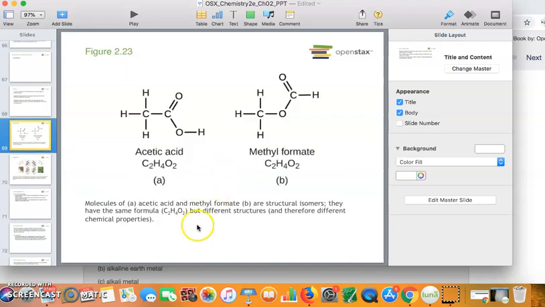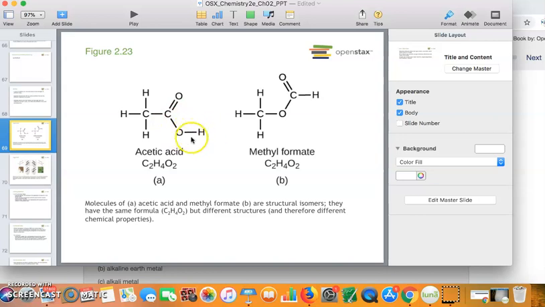If we look at the structural formula for acetic acid, we have more detail than just the molecular formula. We can see which atoms are bonded together through covalent bonds. Here we have carbon covalently bonded to 3 hydrogen atoms, and it's also bonded to another carbon atom, which is doubly bonded to oxygen and also singly bonded to oxygen.